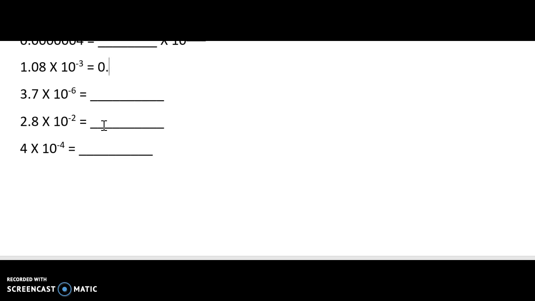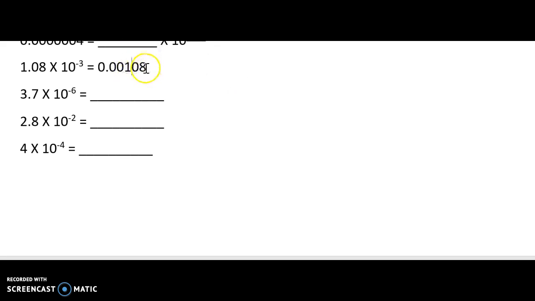So let's see. In order to get to the actual value, we have to shift the decimal to the left 1, 2, 3 places. So 1, 2, 108. And then I can verify that I got it right.